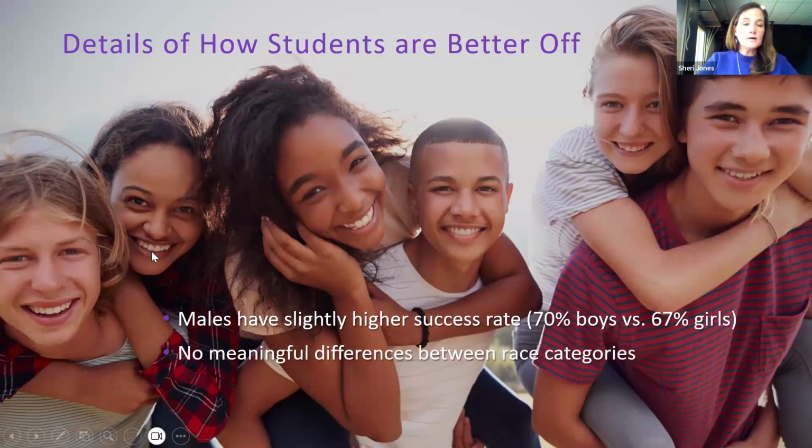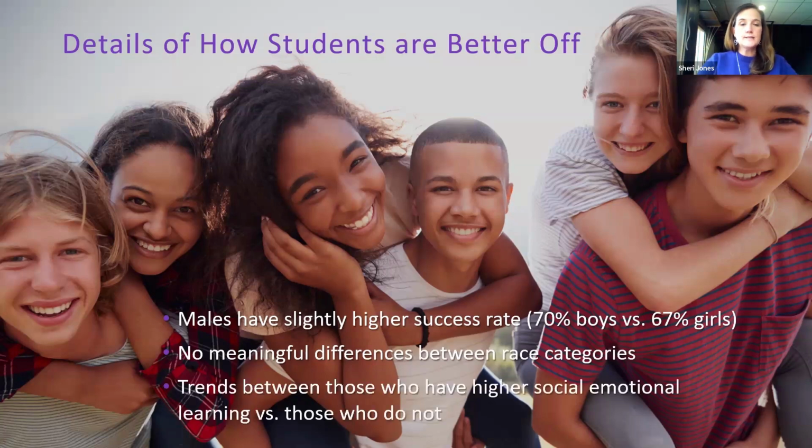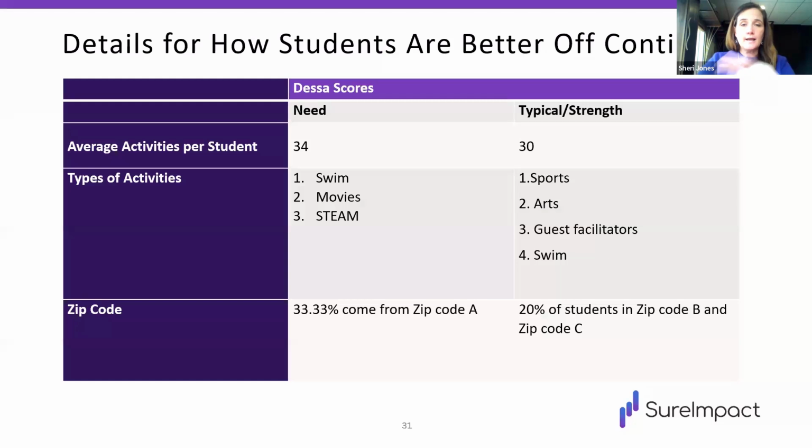And they also found some interesting trends between those who did have higher social emotional learning improvements and those who didn't, which makes this data so useful to be able to understand the differences. So if we drilled even further into their analytics, and again, everything I'm showing you here, they were able to quickly answer through their SureImpact. No extra data analysis was needed.